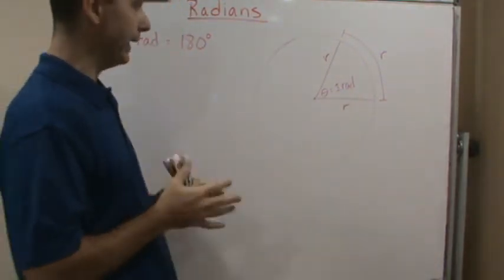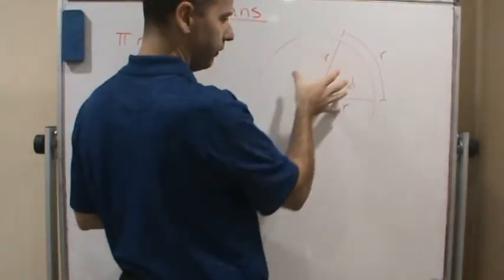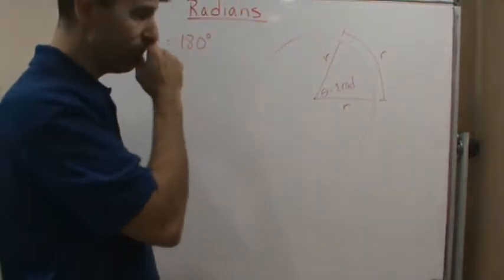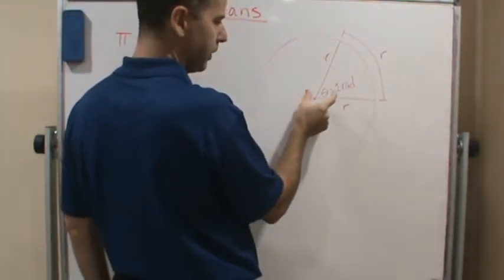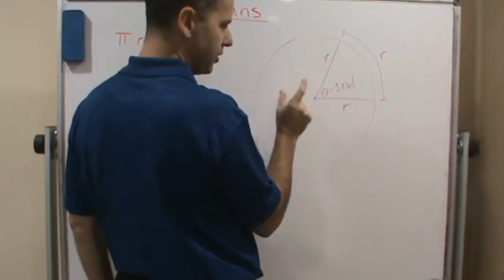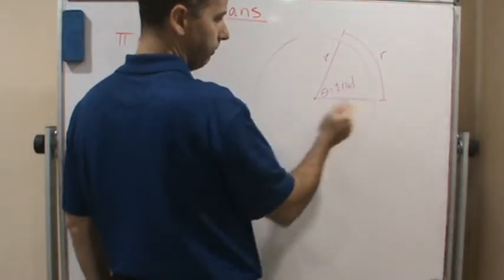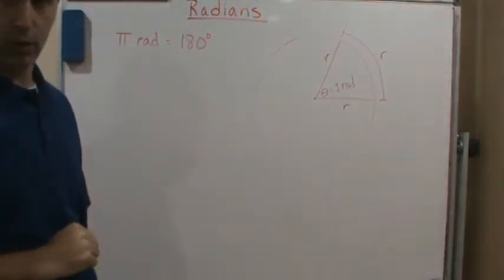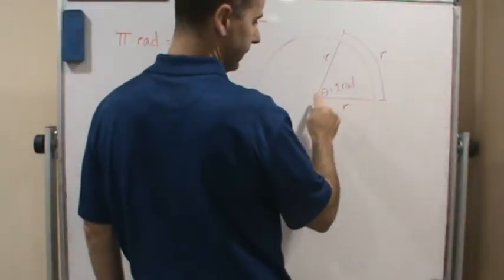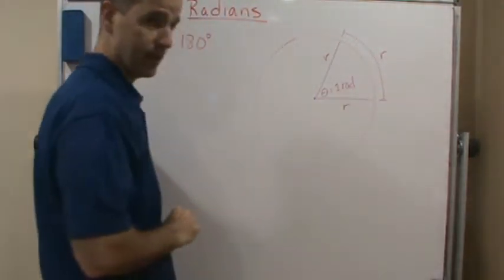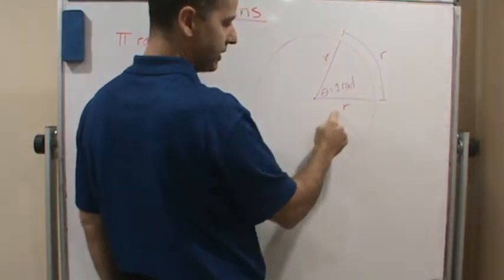By definition, a radian is given by the sector of a circle. We take a circle, and it's the measurement of the central angle such that the arc length of the circle that's intersected by the radii that make up the central angle measures the same length as the radius.